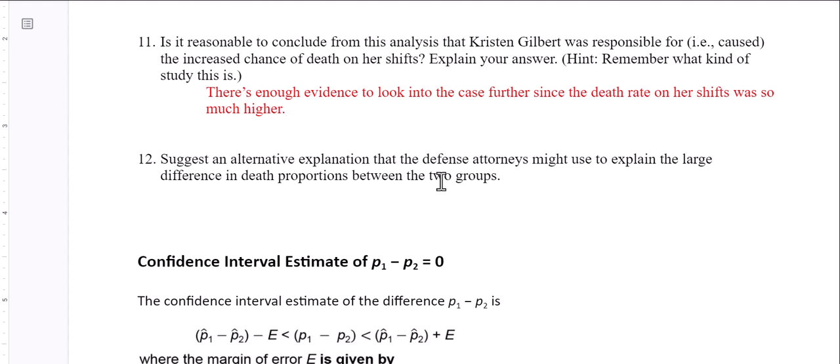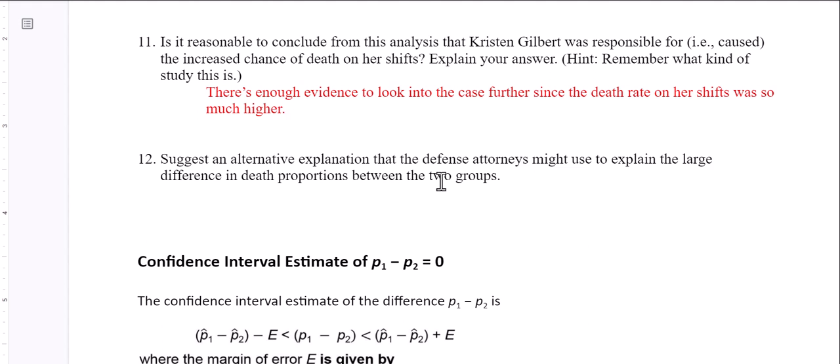This is where confounding variables come in. Sure, the rate is higher, but what else could be causing those deaths that is not necessarily her killing them? Think about where she works. This was a veterans hospital. In what department did she work?